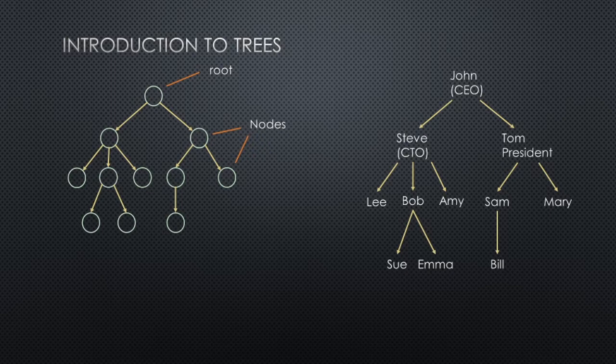In the tree on the right, the data is name of employee and position. So we can have an object with two string fields, one to store the name and the other to store designation. Each node will contain some data and may contain links or references to other nodes that can be called its children.